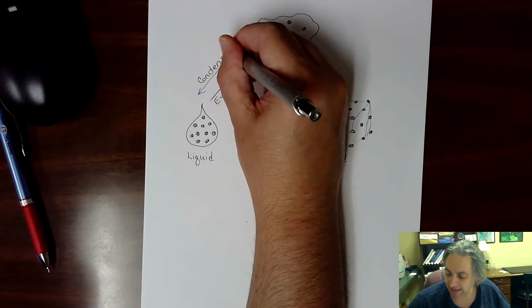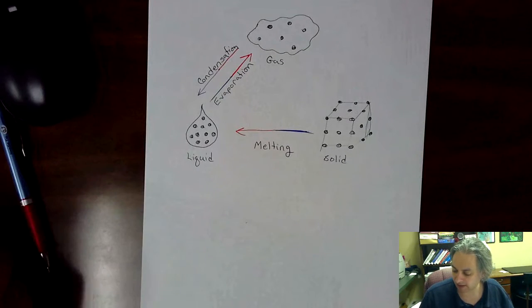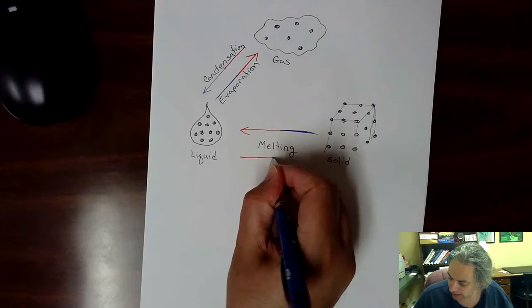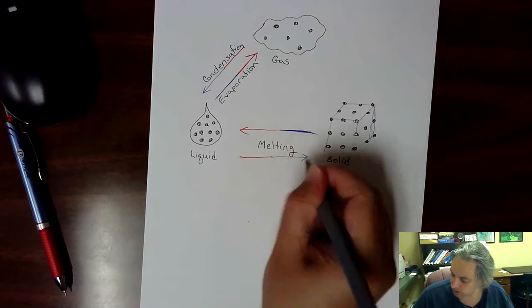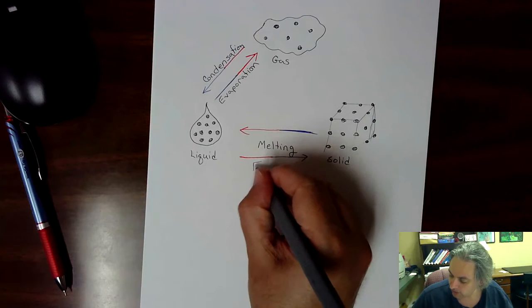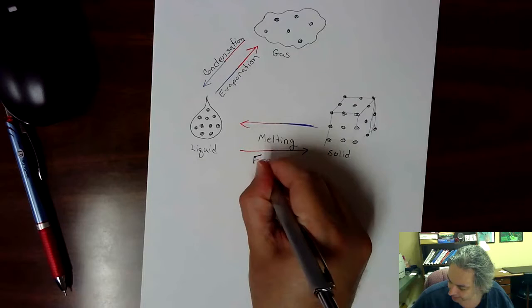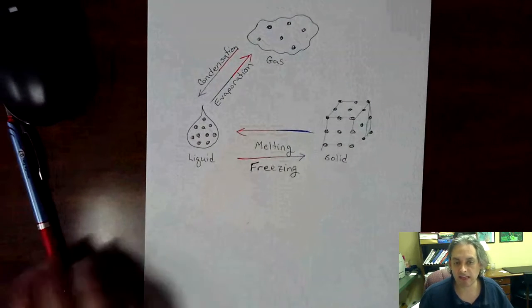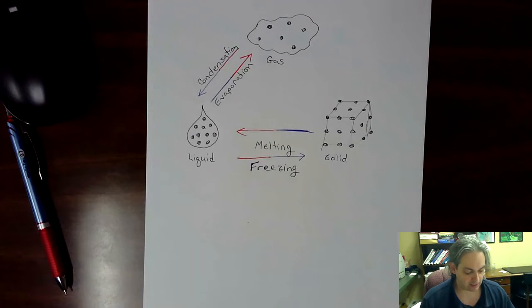We're basically condensing the gas into liquid. And then going from the liquid, which is the warmer part, to the solid, which is a little bit cooler, is what we call freezing. Let me make this the black. So going from the gas phase to the liquid phase is condensation. Liquid phase to the solid phase is freezing.